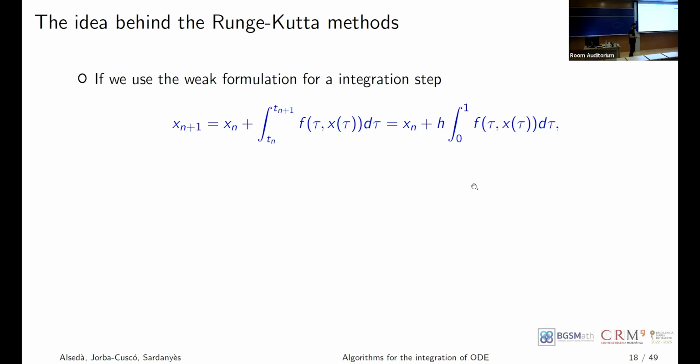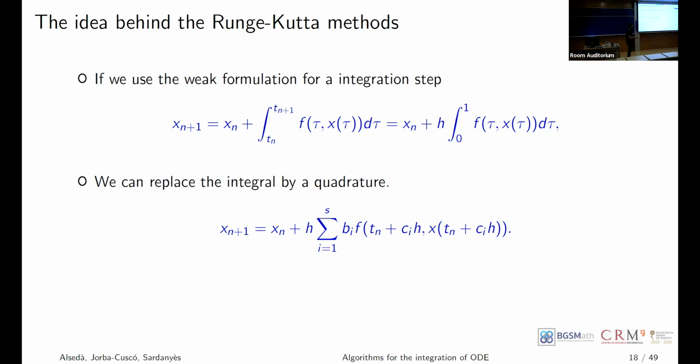An integral. Okay, so I use this Gaussian quadrature, and I end up with something like this. I mean, I'm using the method, and I get the sum with the weights, the evaluations of the functions at some time steps, which, by the way, I do not know.